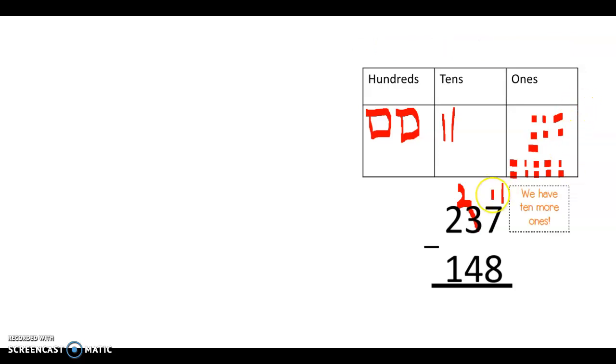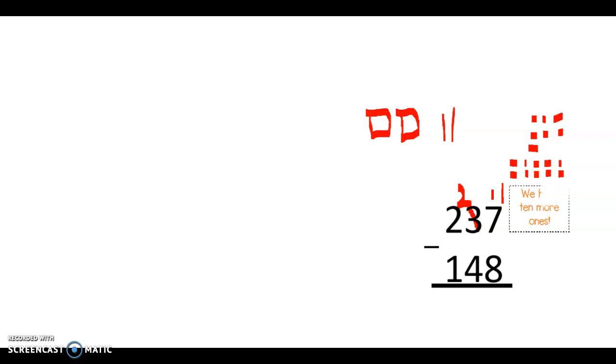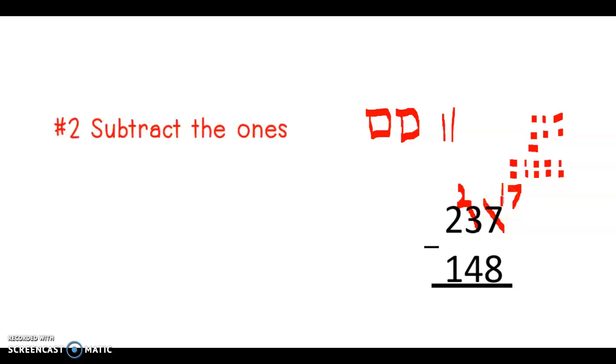So if I add my 10 ones with my 7 ones, I no longer have just 7 ones, I have 17 ones. So now I can subtract my ones place. So 17 ones minus 8 ones.